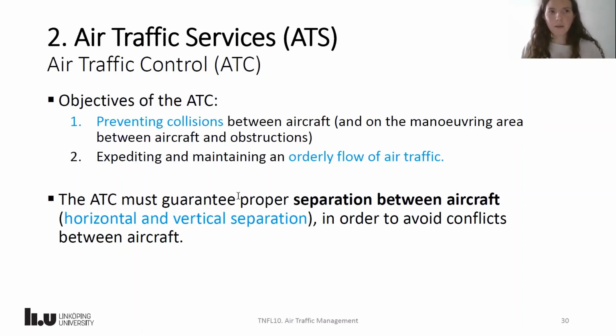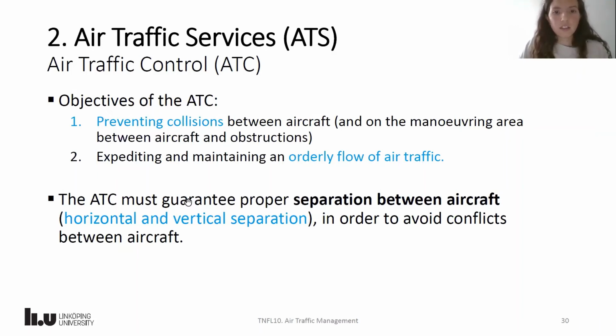I'm not going to get into it because there are a lot of rules regarding separation between aircraft, but ATC must guarantee that the separation between the aircraft is the correct one in order to avoid conflicts and collisions. So they are going to enforce this separation in those airspaces where it must be done.